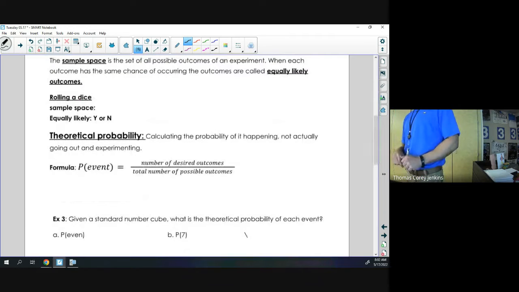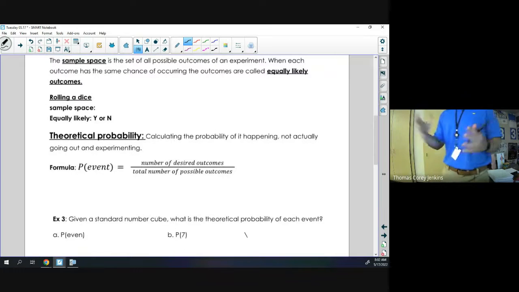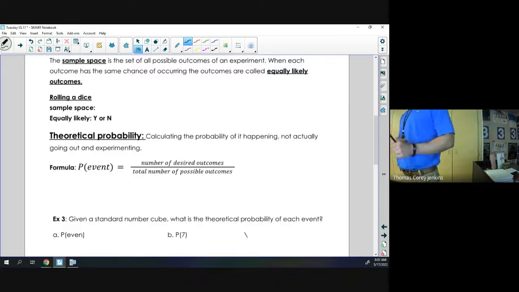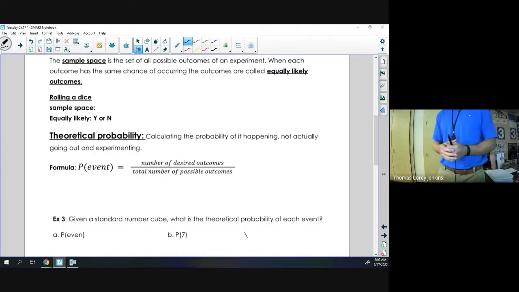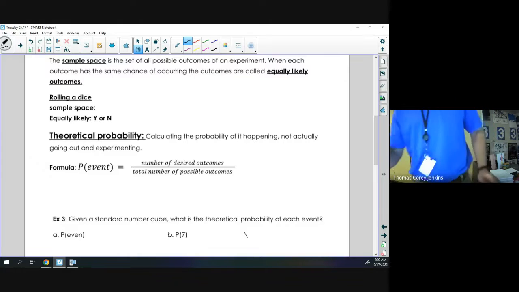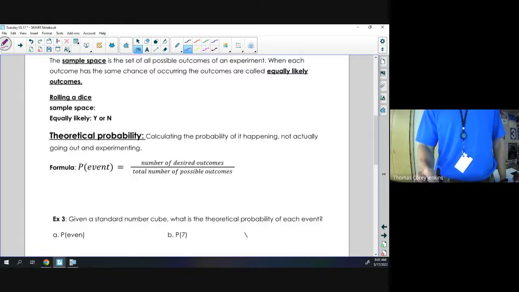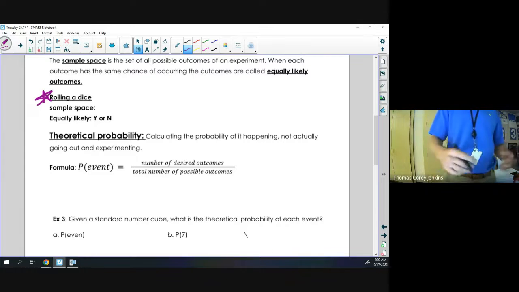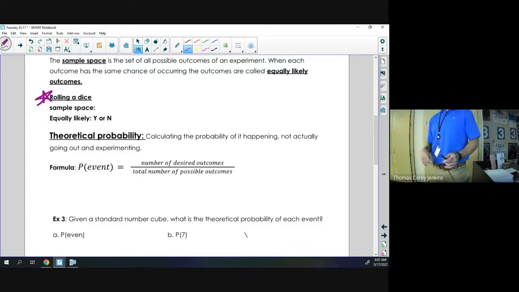All right, so then getting into sample space, I already talked about this a little bit. This is what we worked on yesterday, finding a sample space. So that is the total. That's like your denominator, right? Whatever event you're looking at, your sample space would be your denominator. So a very common example for probability is rolling a die. In a math book, they like to call it a number cube for whatever reason.